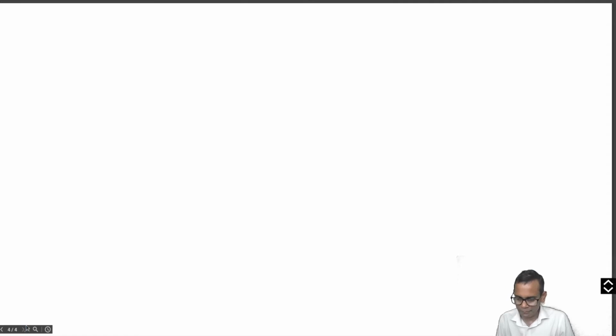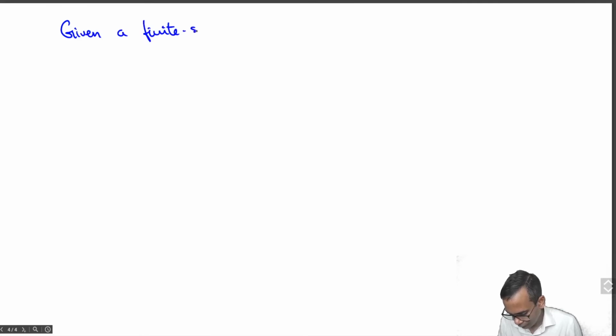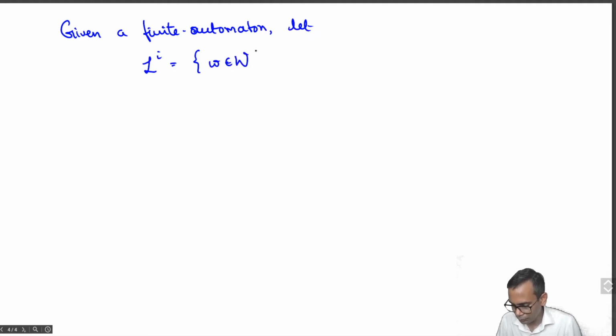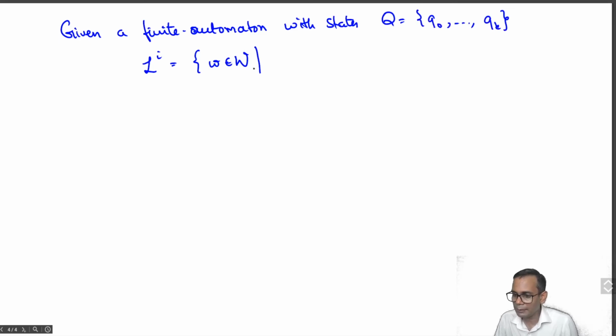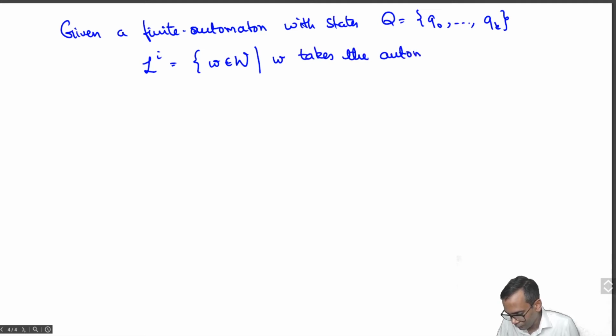So to see this, given a finite automaton, with states Q equals Q0 dot dot dot Qk, let Li be the language consisting of words W such that W takes the automaton to state Qi.